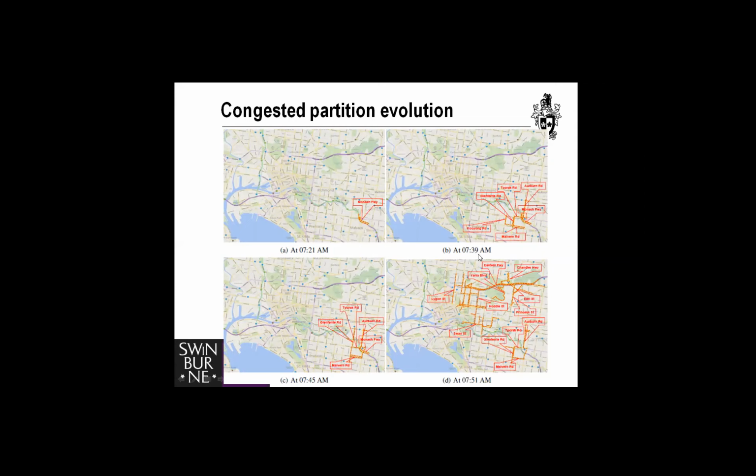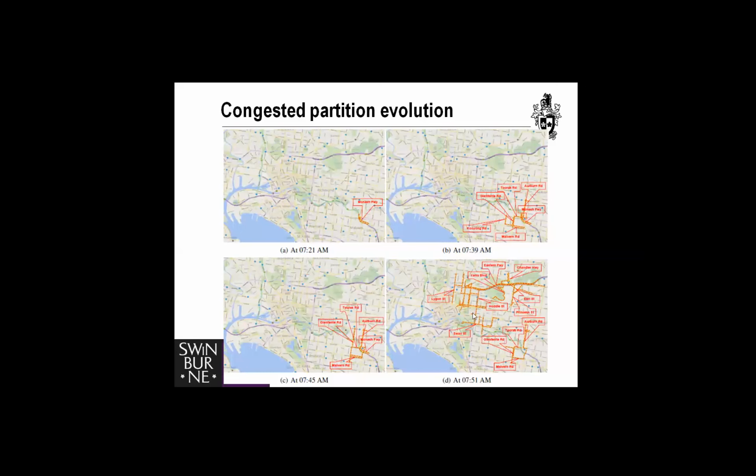Then at 7:39, we see that the congestion starts forming in this direction. Then at 7:45, we see that it has formed a loop in the anti-clockwise direction. This is an interesting pattern that we see here, how it is growing in the morning.